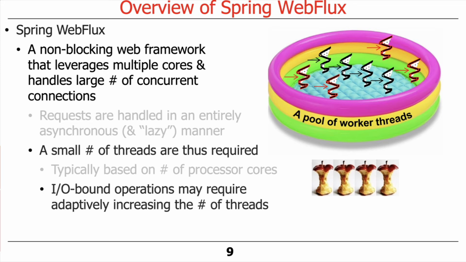Bounded Elastic is what you want to use by default whenever you have I/O-bound operations, because it will elastically increase the number of threads that are available, taking into account what's blocking and what's not. So it's a little bit like the managed blocker mechanism that's available with the Java common Fork Join Pool. So keep that in mind for assignment 4B, part 1.